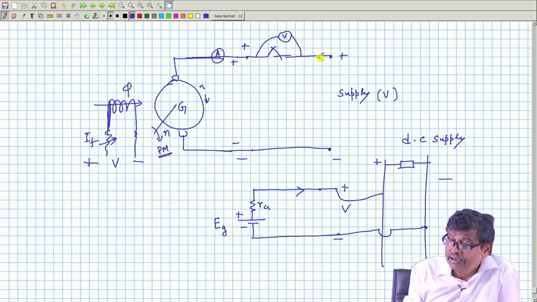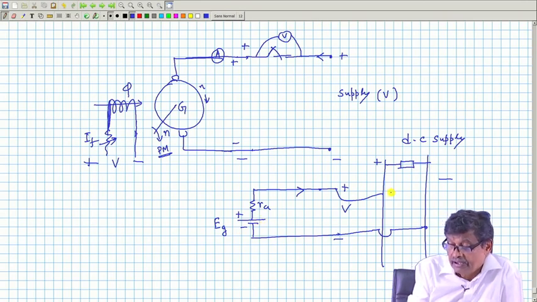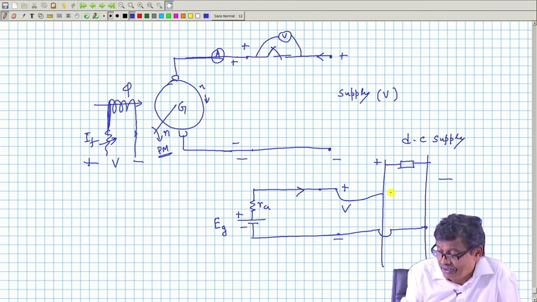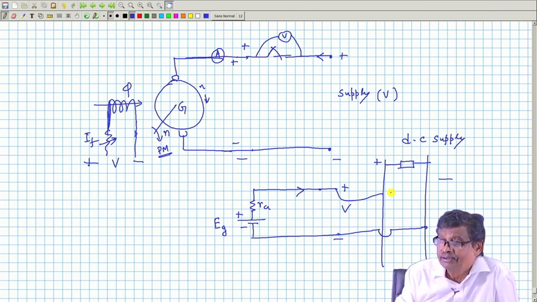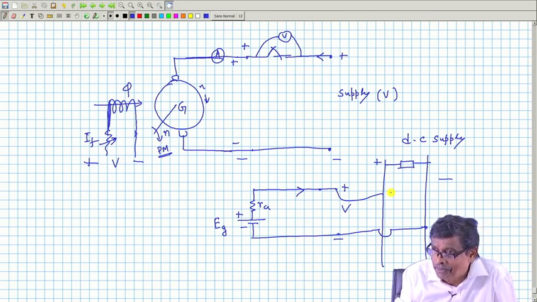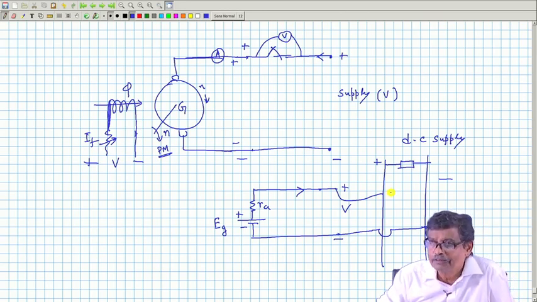You may then say it was running as a generator because E g was greater than V, I have disconnected the prime mover, then how can it run as a motor? Will it not still supply power? Yes, for some time it will supply power, but then the opposing torque is present, but there is no prime mover torque.